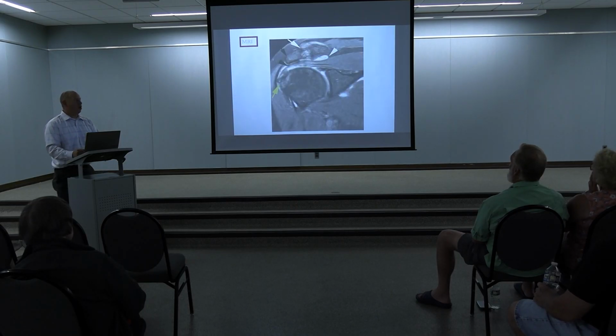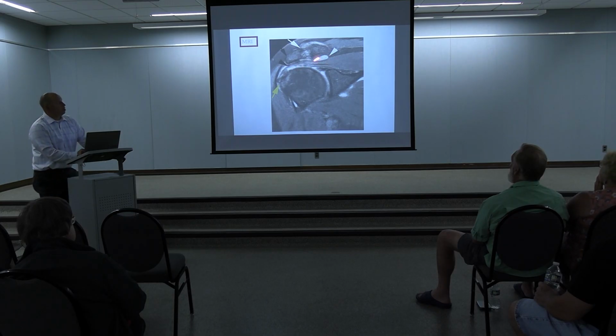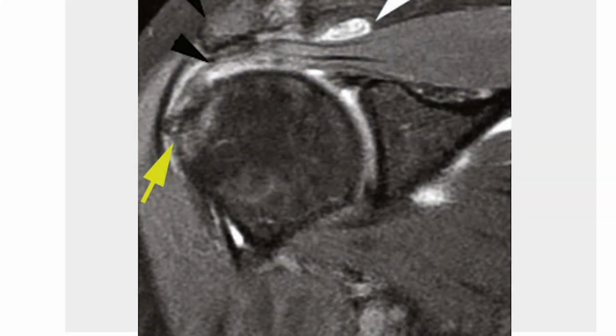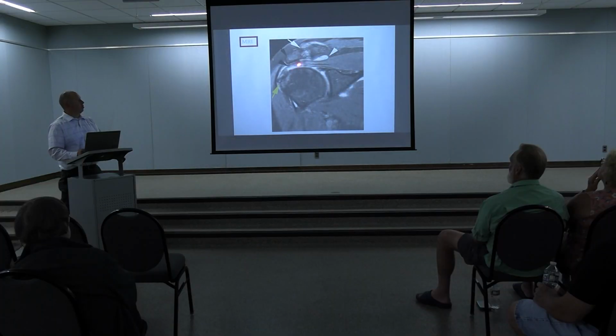Here we're looking at an MRI. You have the end of the collarbone here. And then you have the rotator cuff passing through the space here, thinning of the rotator cuff here. This white collection here is a collection of bursal fluid indicative of impingement. You can begin to see the bone spur here at the end of the collarbone, narrowing the space where that tendon is passing through, all can be a cause of irritation and pain.